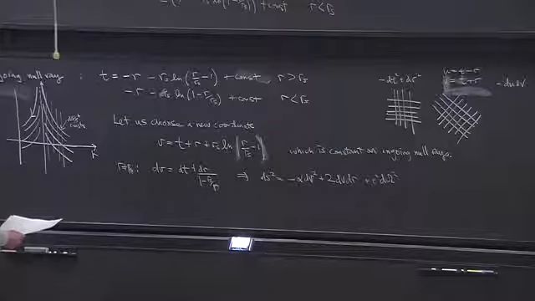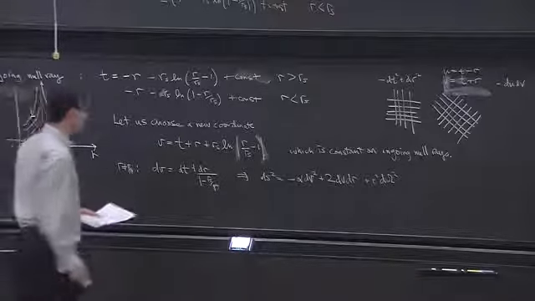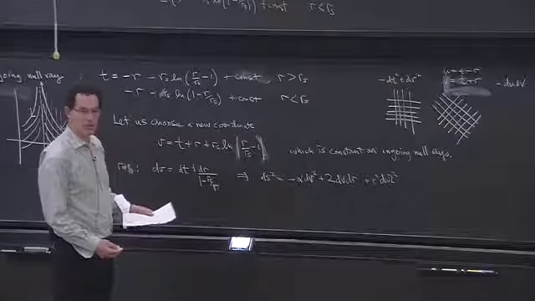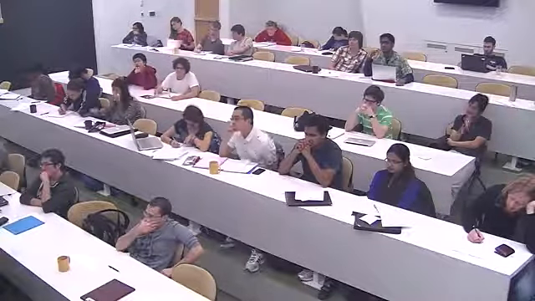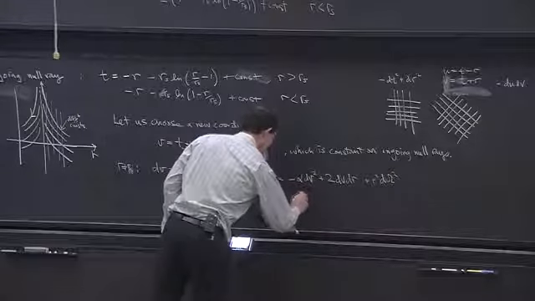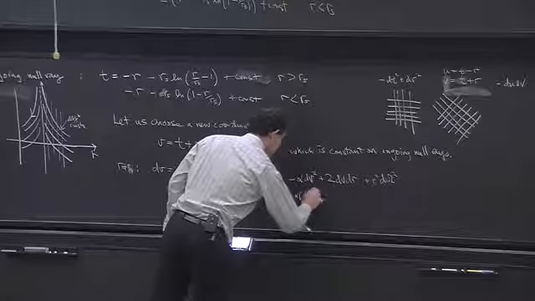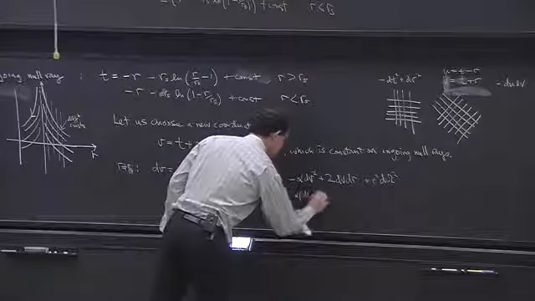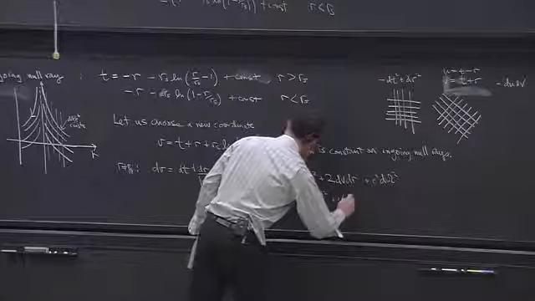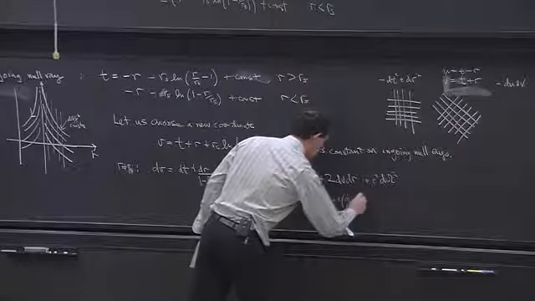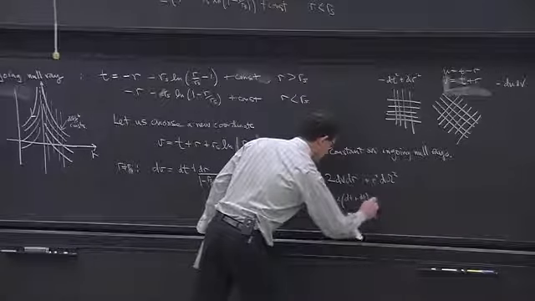It's probably easier to do it the other way around. Is that obvious? It's not totally obvious to me standing here, but let's just check it. So minus alpha times dt plus dr over alpha, squared, plus 2 times dt plus dr over alpha, times dr.